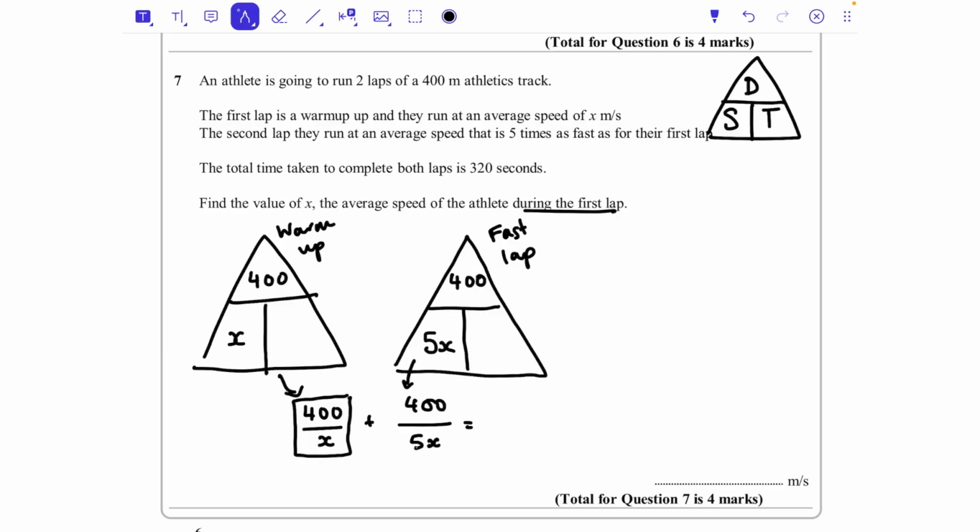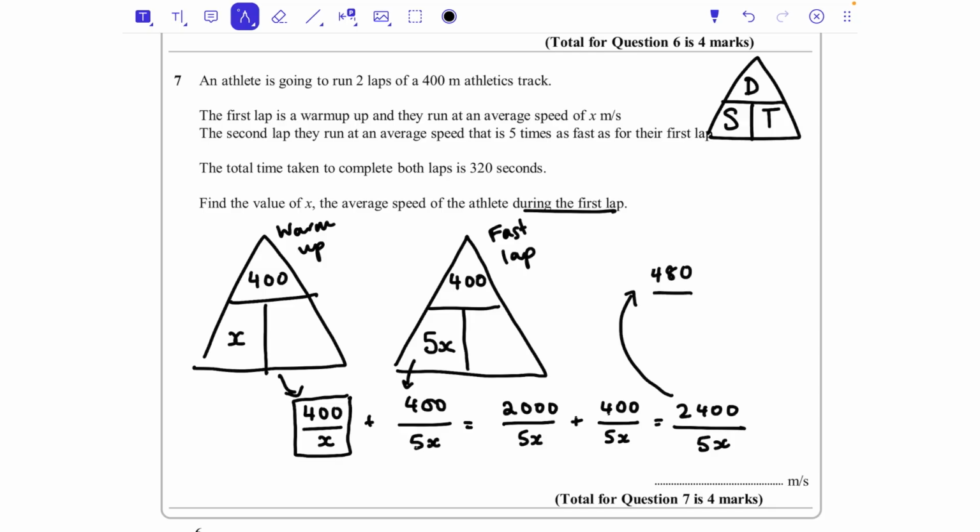And to do that, we're going to times it by 5. So 2000 over 5x, add 400 over 5x, is 2400 divided by 5x. In fact, we could have simplified that second one down, wouldn't have made a difference. So either way, if I simplify that now, dividing by 5 is the same as dividing by 10 and doubling it. So that is 480 over x.